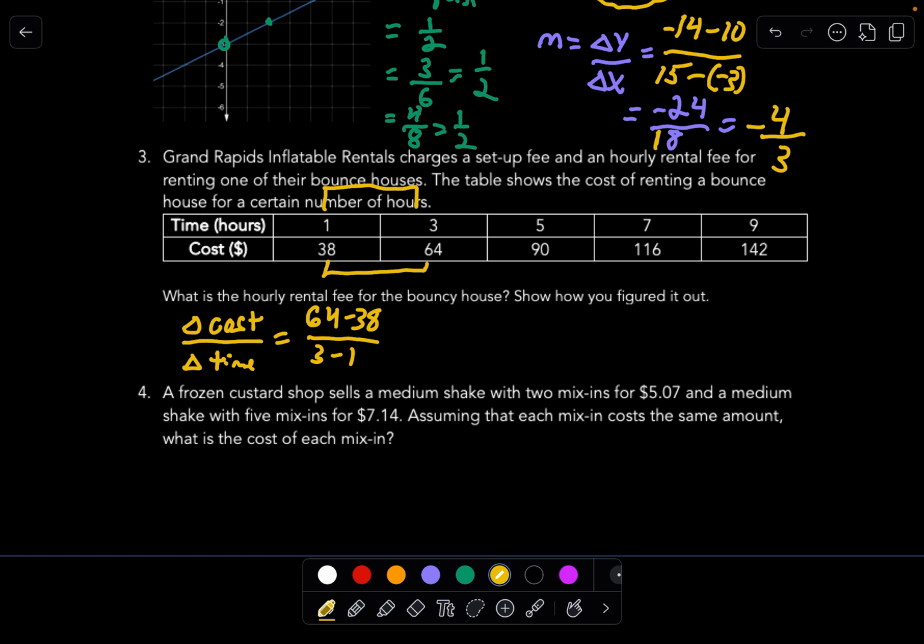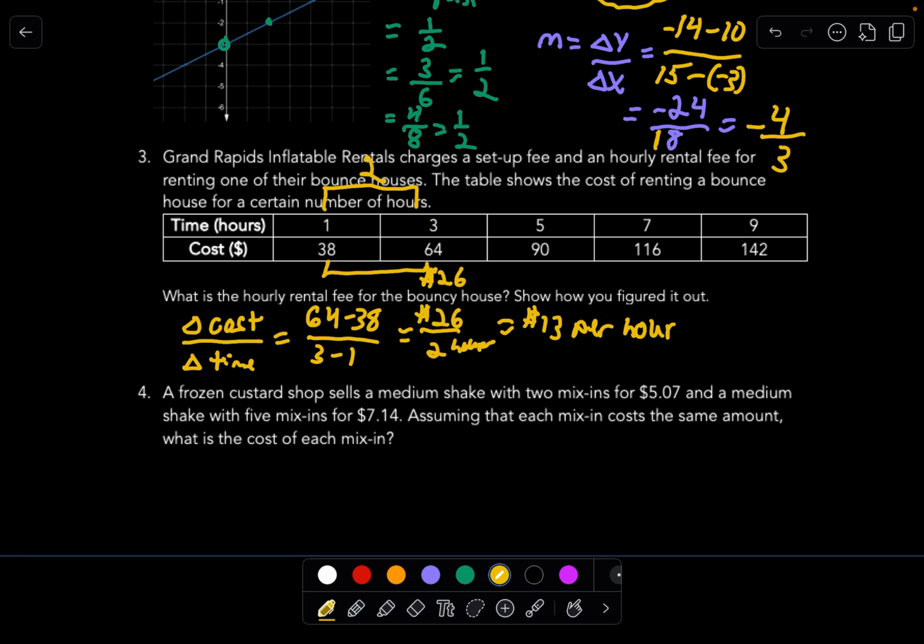So 3 minus 1 is 2. 64 minus 38 is a change of $26. So this equals $26 over 2 hours. So what is the hourly rental fee? It's going to be 26 divided by 2, which is $13 per hour.